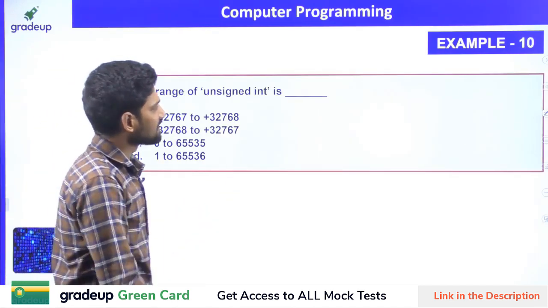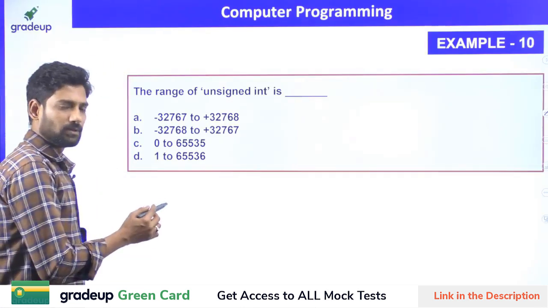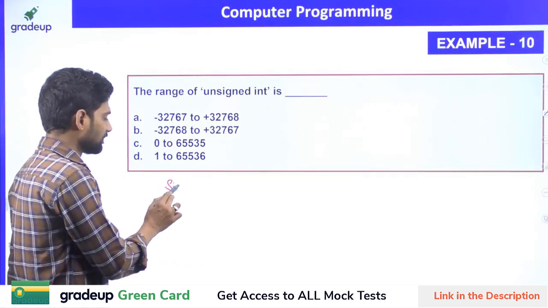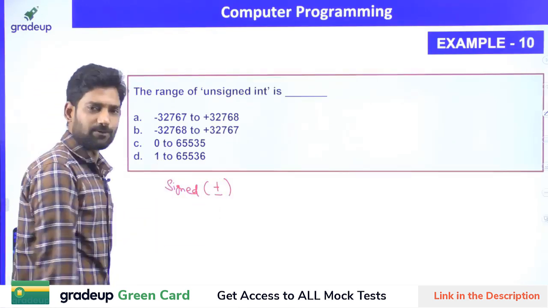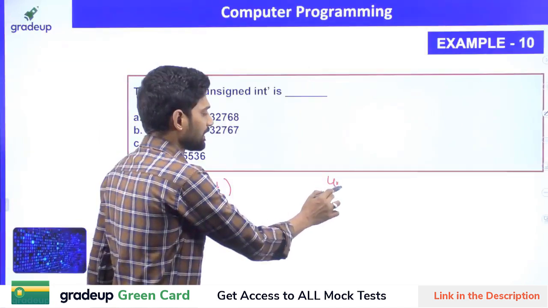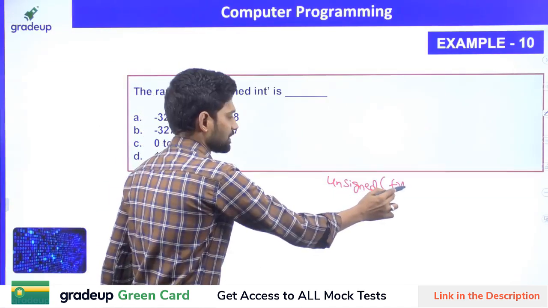The range of unsigned int is, we know signed data type means which accepts both positive and negative. Unsigned data type means which accepts only positive.